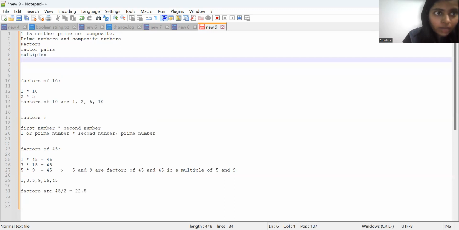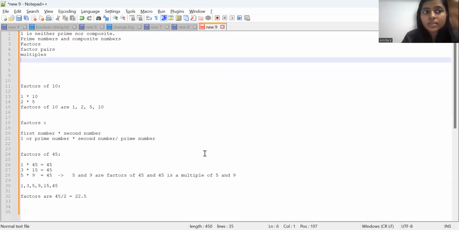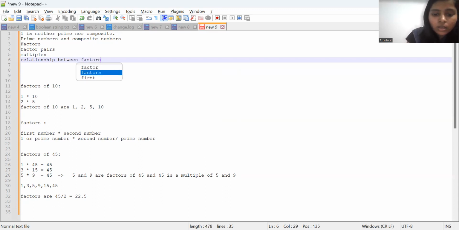So until now, we have learned all these things. Okay. Then we also saw what is the relationship between factors and multiples.